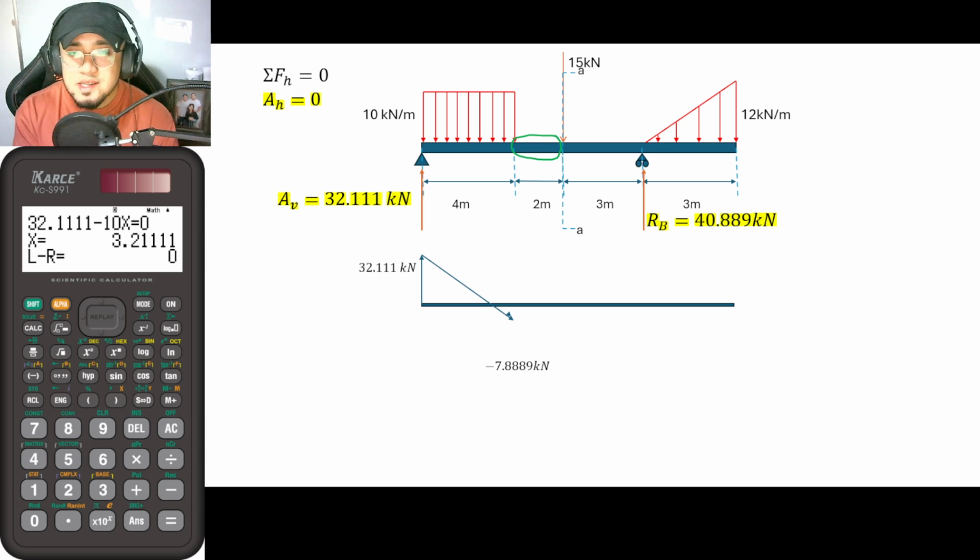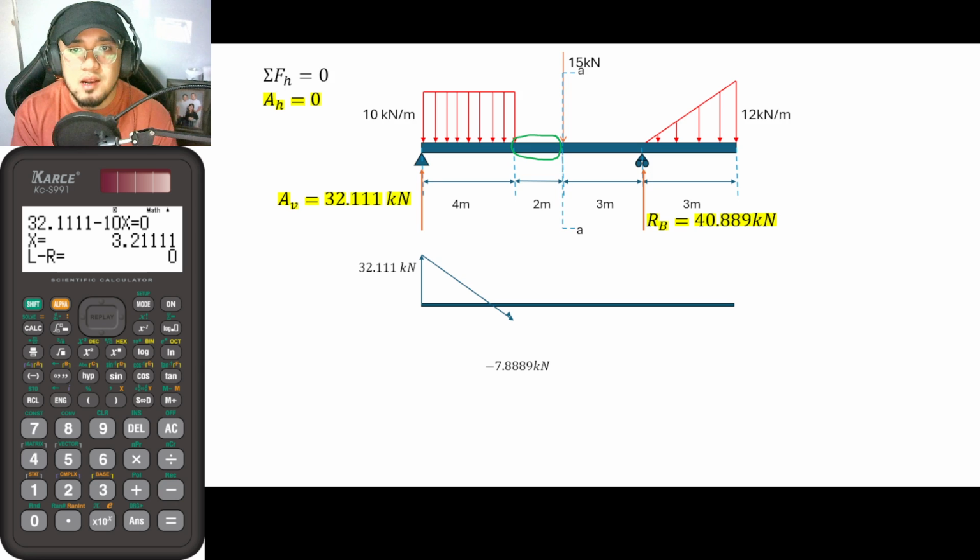So let us try, guys, to cut a section at the 15 kilonewton force here. However, let us move that section a microscopic distance to the left of 15, maybe 0.000000001 millimeters to the left of 15 kilonewtons.